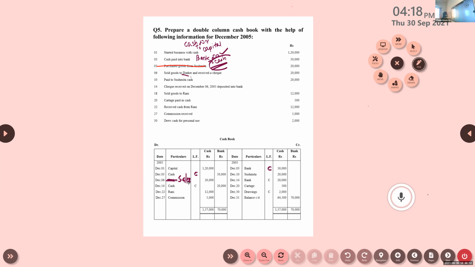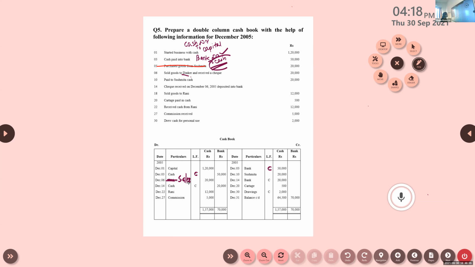So sales 20,000, and the amount is received as a check, but here it is cash. The amount is written as cash because it is not deposited in the bank. It is still with the business. So the amount is written in the cash column.